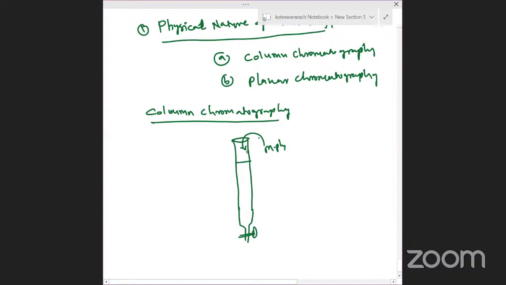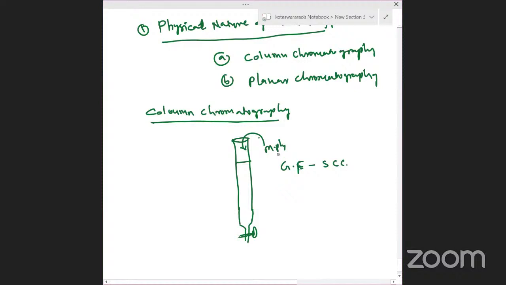Sometimes we may apply pressure, a force greater than gravity, so that the mobile phase is forcefully passing through the stationary phase. Using only the gravity force is called a simple column chromatography.